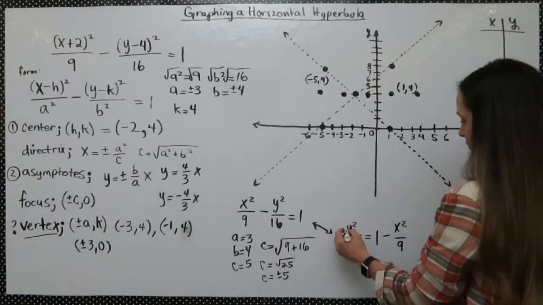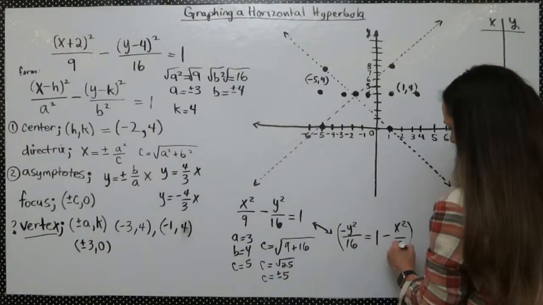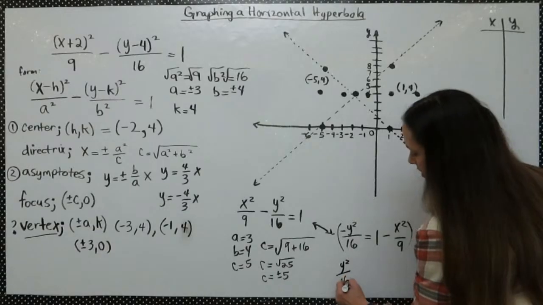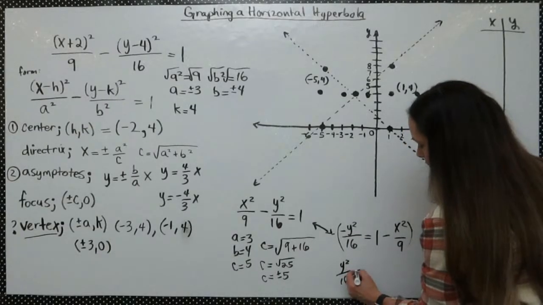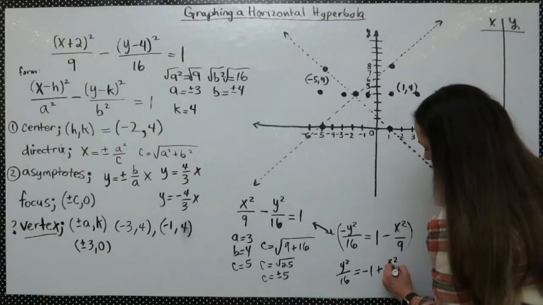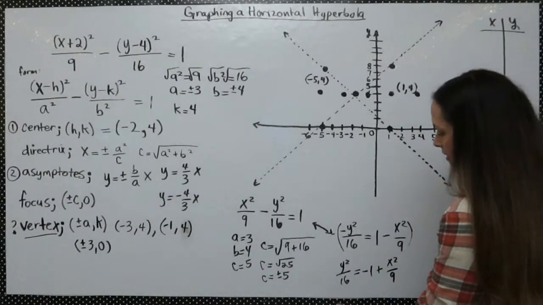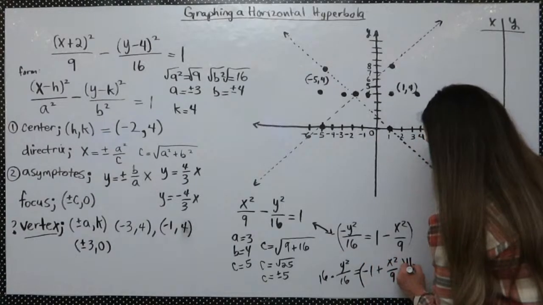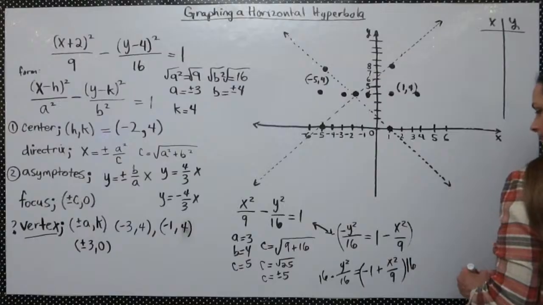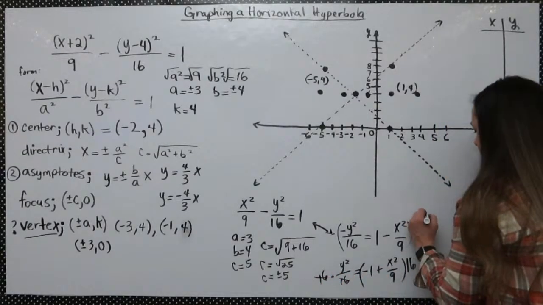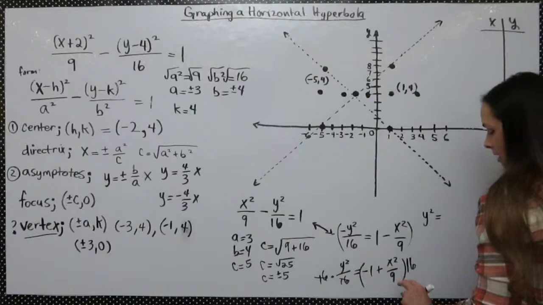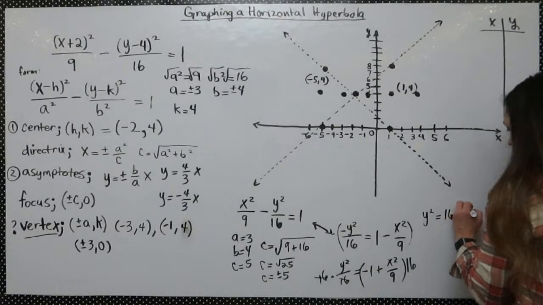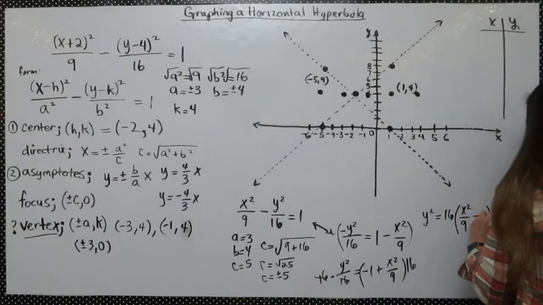And then we're going to multiply everything by a -1, and it's going to give me y squared divided by 16 equals -1 plus x squared over 9. And then multiplying everything by 16, those are going to cancel, and you're going to be left with y squared equals, and then you switch the order, 16 times x squared over 9 minus 1.